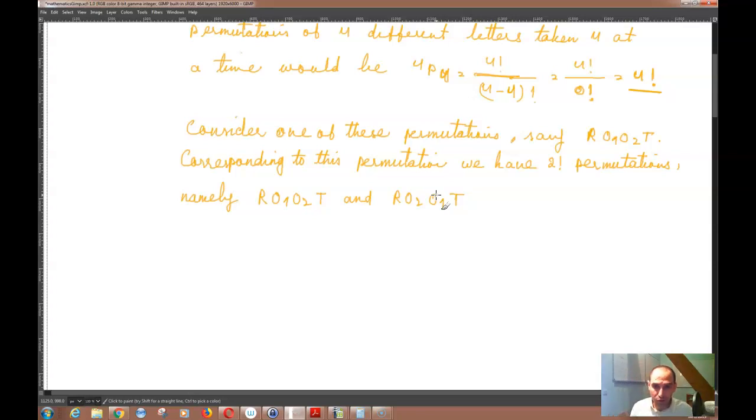But if I don't treat them as different letters, and if I treat them as just simply O's, this would be ROOT and ROOT, which would be exactly the same words, and I don't want to have these words repeated in my results. I want to have distinct results when I calculate the permutations of the rearrangement of the letters of the word ROOT, right?